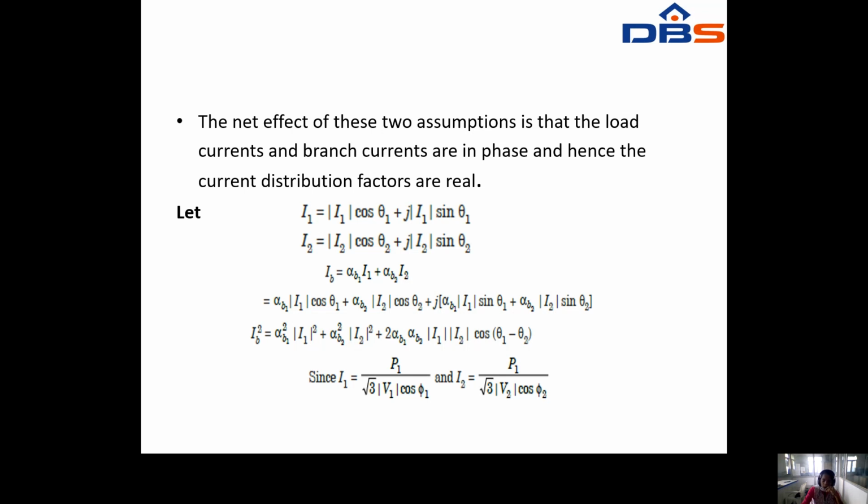Here I1 equals I1 cos theta 1 plus j I1 sin theta 1, and I2 equals I2 cos theta 2 plus j I2 sin theta 2.